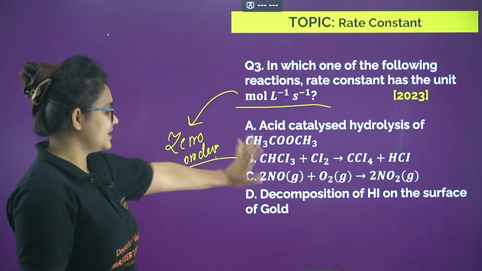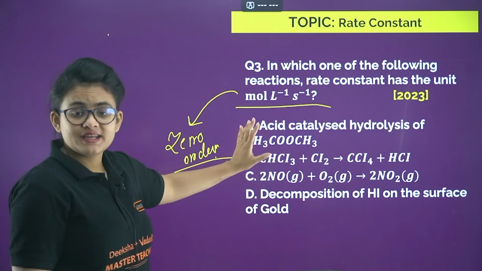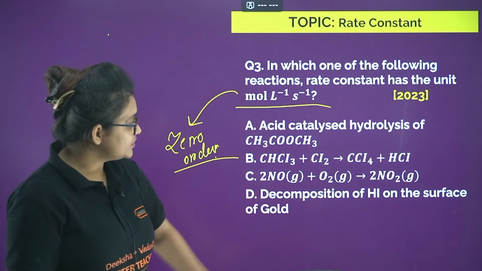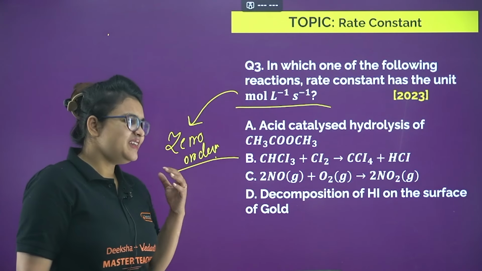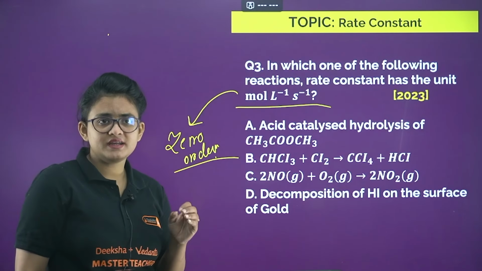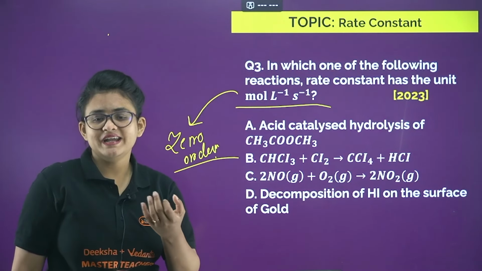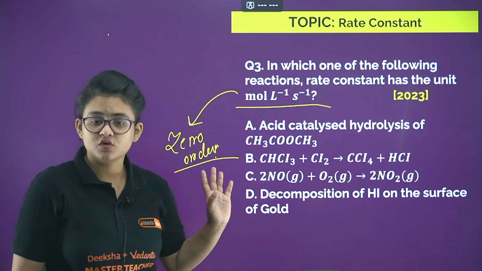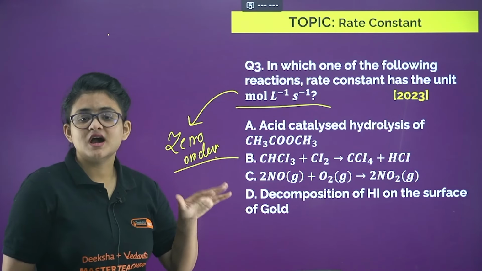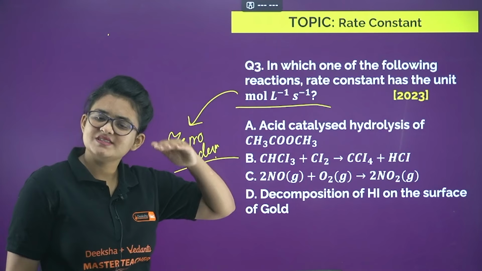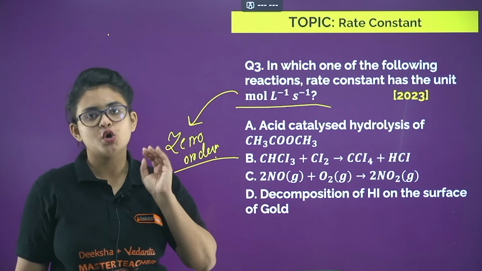Just looking at the equation I can tell that the last one, that is the decomposition of HI on the surface of gold. Let me tell you, initially if you just normally decompose HI to get H2 and I2 without any gold surface, it's a second order reaction. But whenever you are using a gold surface, any decomposition reaction on the gold surface is always zero order.